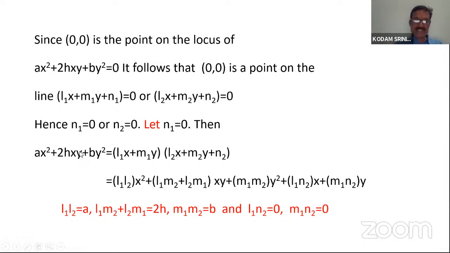On the left hand side, we don't have the x term and y term, so these two terms will be 0. L1 N2 and M1 N2 must be equal to 0.